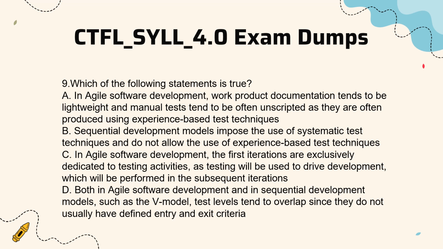C. In agile software development, the first iterations are exclusively dedicated to testing activities, as testing will be used to drive development, which will be performed in the subsequent iterations. D. Both in agile software development and in sequential development models, such as the V model, test levels tend to overlap since they do not usually have defined entry and exit criteria.